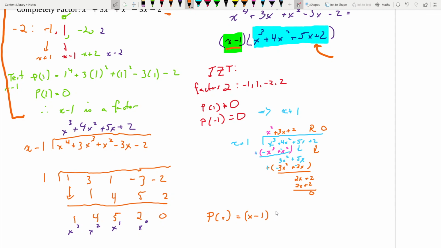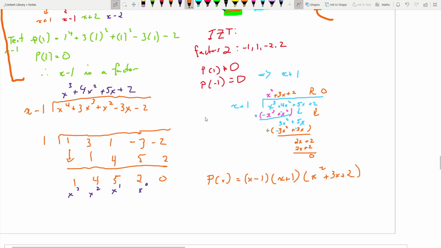And then we used long division and we broke up the blue polynomial into x plus 1 and x squared plus 3x plus 2. And remember that this is to be factored completely. And believe it or not, we're almost there.